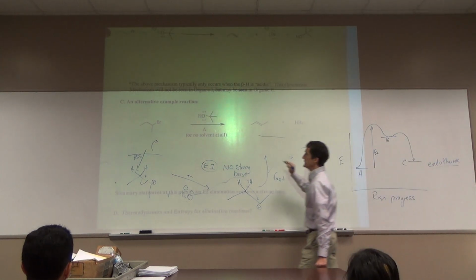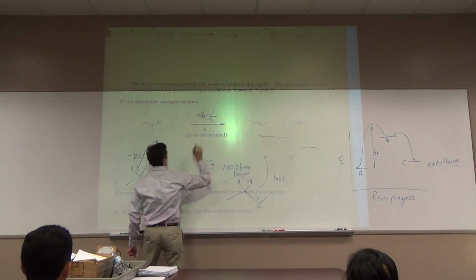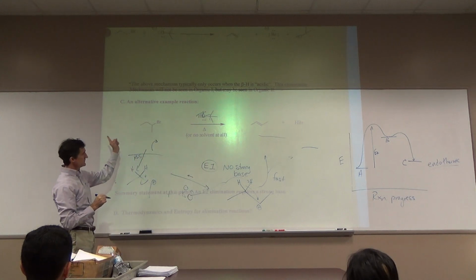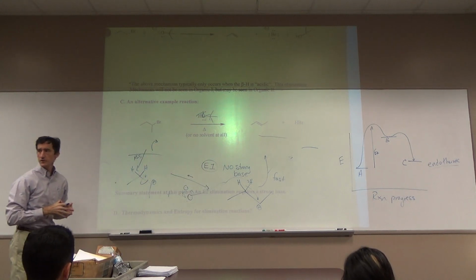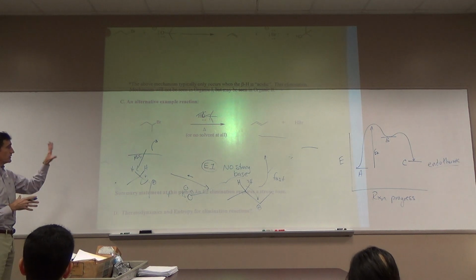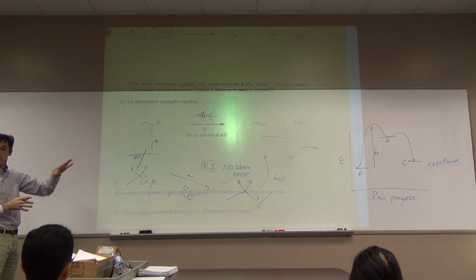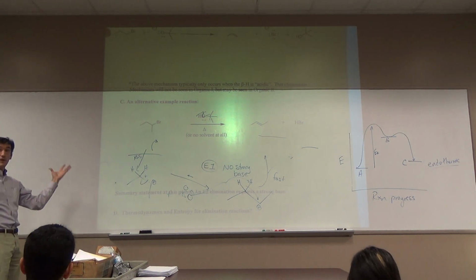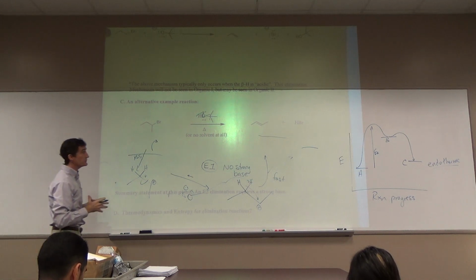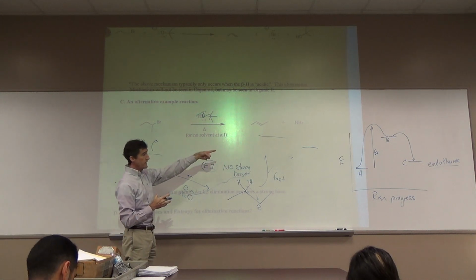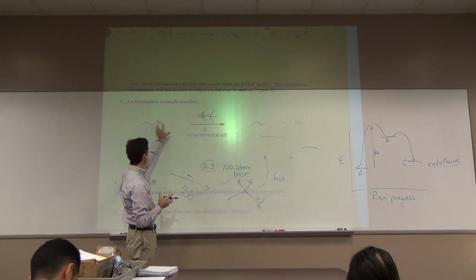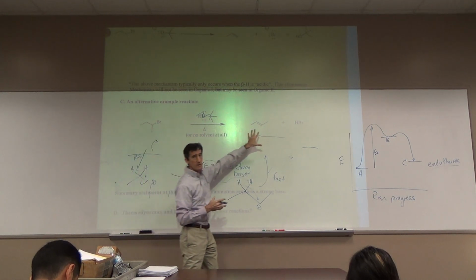Forget about the solvent. We didn't even use it in our mechanism. Is that reaction favored by entropy? Yes. One molecule going to two. It's eliminating, it's breaking apart. Yes, it's favored by entropy. But it's not favored by enthalpy because we're going from two sigma bonds to a weaker pi bond.